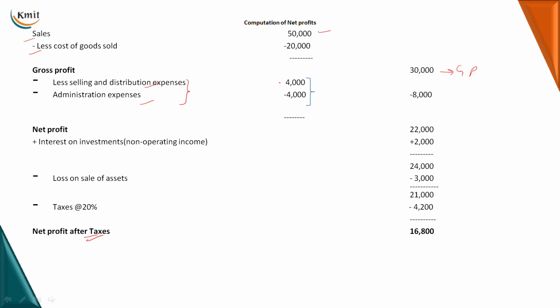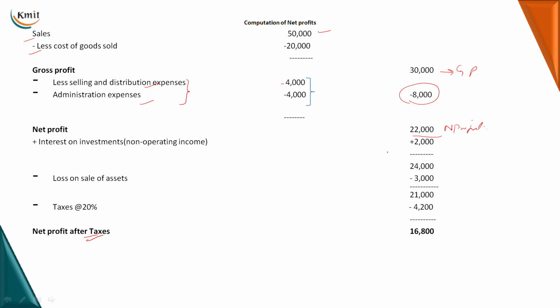So minus 4,000, it is minus 8,000. So deducting this figure, we are going to get 22,000. This is nothing but your net profit, right?